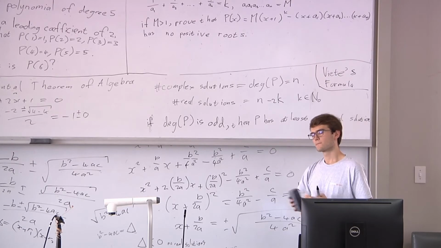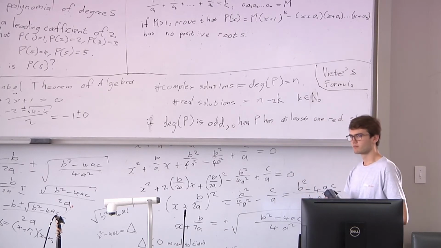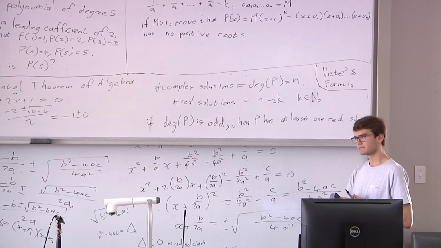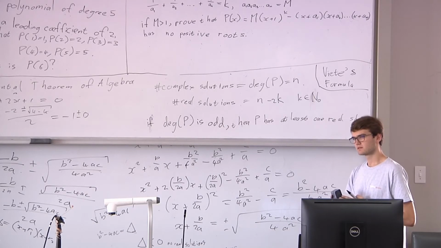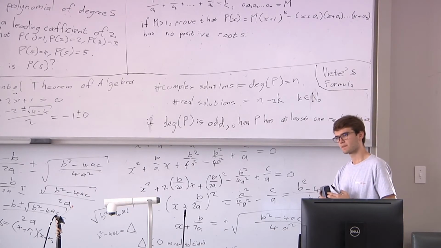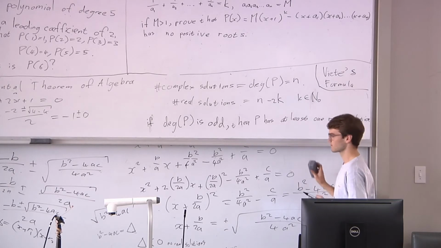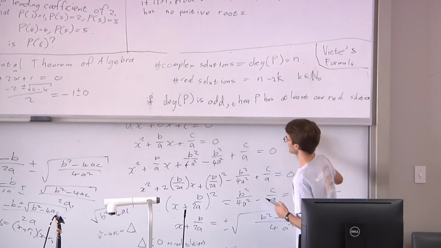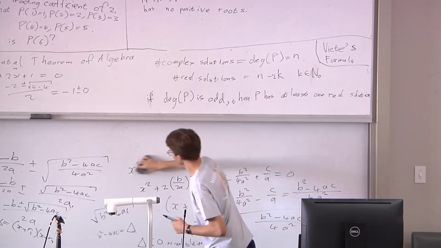And similarly, if the leading coefficient is negative, it's going to be positive in the second quadrant. So basically, the argument is that the polynomial has to cross the x-axis at some point to reverse from positive in quadrant 2 to negative in quadrant 4, or from positive in quadrant 1 to negative in quadrant 3. So that's one type of proof.